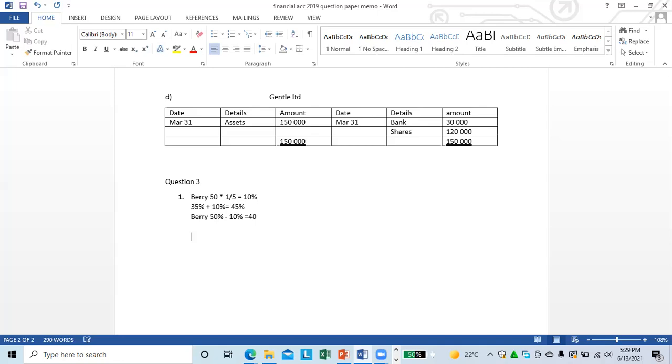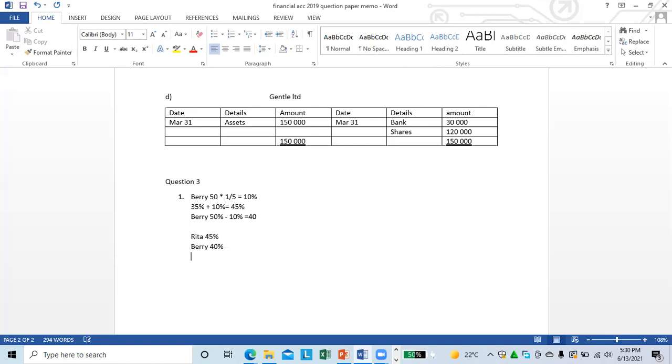So the new interest: Barry will have 40%. Let's start off with the one with a higher amount. Rita will have 45%, and then Barry will have 40%.